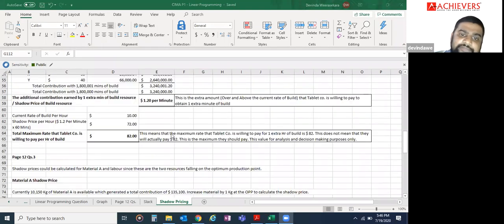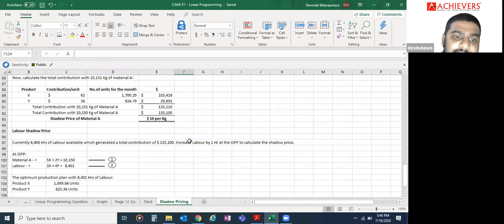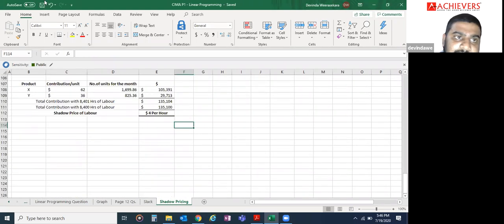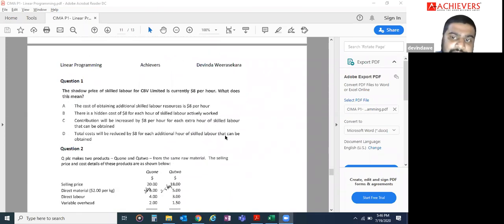Shadow price of labor and material A. Clear? Any questions? So are you all clear on how to calculate the shadow price now? Right, good. So basically now we are done with shadow price, right?